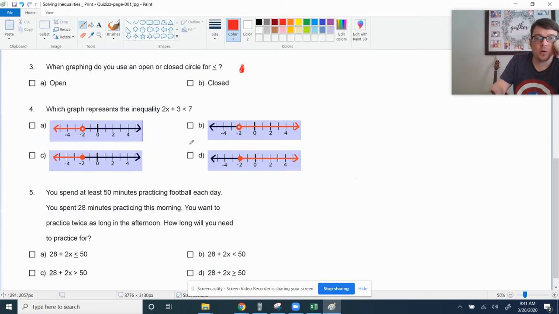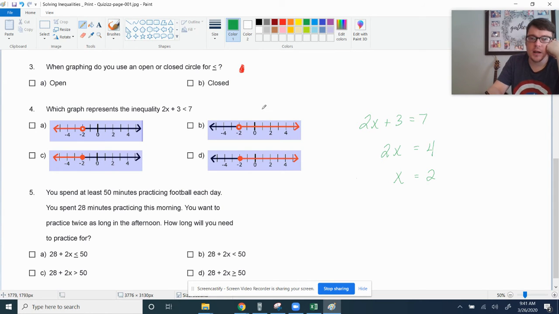All right, and number 4, which graph represents this inequality? So this is one where you want to find your border number. Okay, so 2x plus 3 equals 7. Treat it like it's equals. Go through your process of solving. 2x's are worth 4 since the plus 3 takes 3 away from the 7. And that means that x is 2. So you know that your border number is 2.